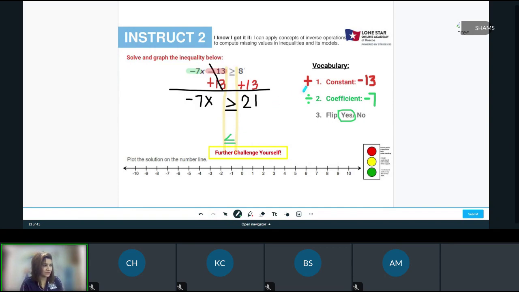Why? Because the coefficient is a negative number. When that is the case, that makes you divide both sides by a negative number. When you do that, you should flip the inequality symbol in the main answer. So now I can say x is going to be less than or equal to 21 divided by negative 7.